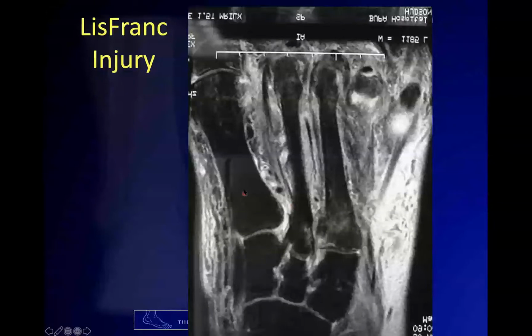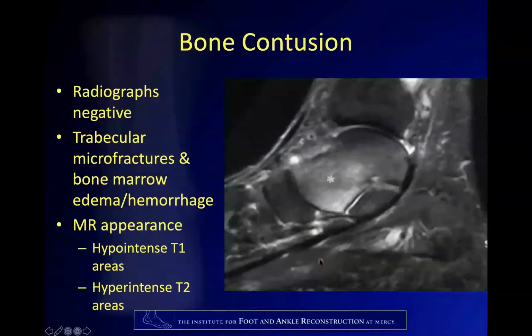deltoid injury. This is now a Lisfranc injury, and you can see here the Lisfranc ligament. You see some edema around it, but the ligament looks intact here. There are some changes at the bases of the third metatarsal where it meets the lateral cuneiform. Here you see a bone contusion.